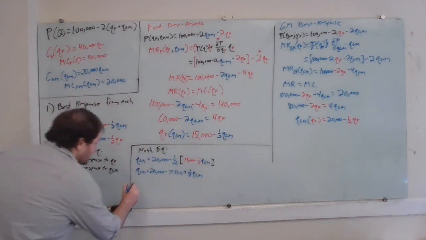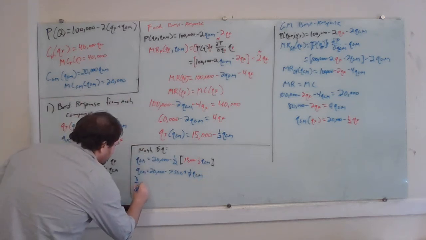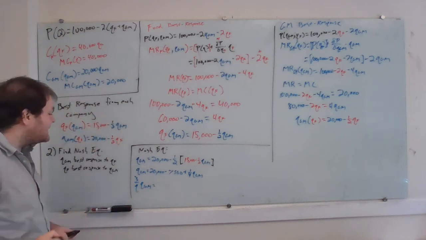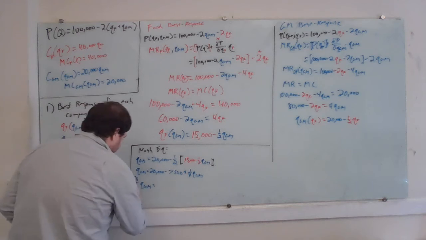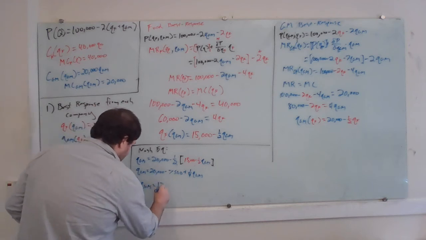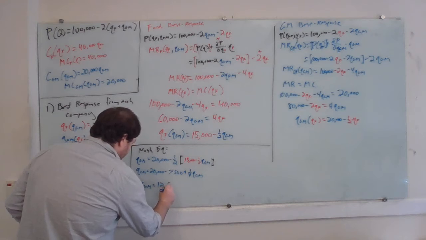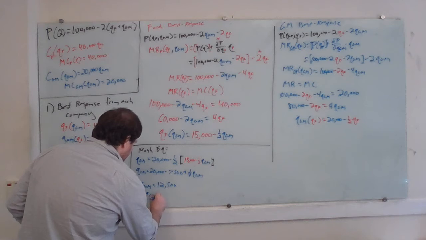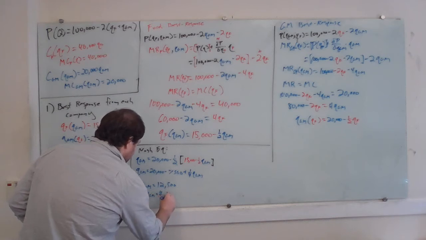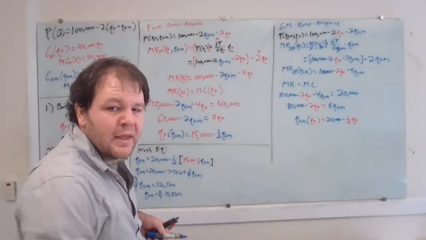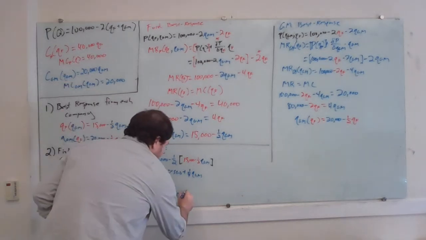Pull everything over to one side, so I can say 3/4 QGM is going to be 20,000 minus 7,500, which is 12,500. So then QGM is going to be 4/3 times 12,500, and this is equal to 16,667.